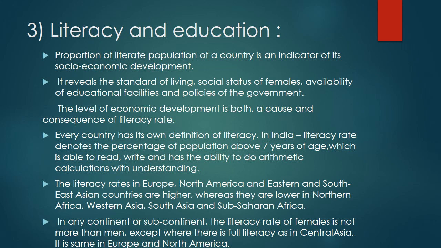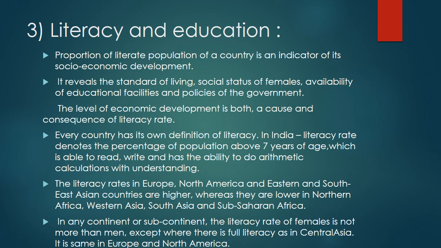It reveals the standard of living, social status of females, availability of educational facilities, and policies of government. Because of literacy and education, the standard of living is also developed. The status of females is almost good. Availability of education facilities and government policies are also good.